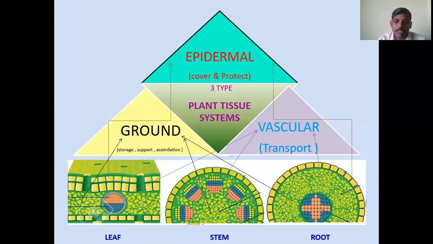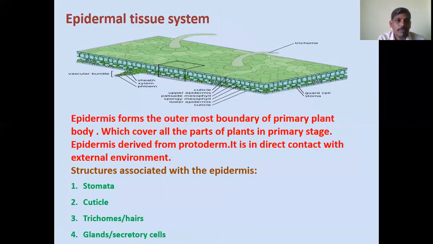So first we discuss the first type of tissue system, that is the epidermal tissue system. In the epidermal tissue system, we discuss more or less the epidermal layer or epidermis. So epidermis forms the outermost boundary of the primary plant body, which covers all the parts of plants in the primary stage.